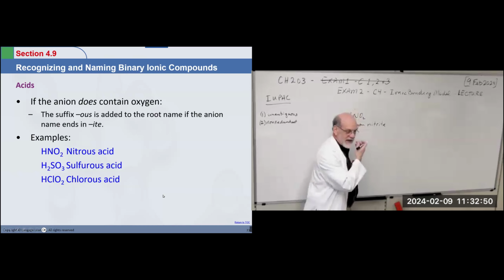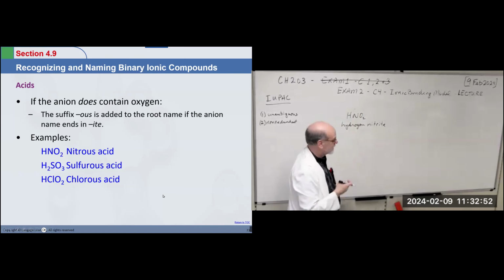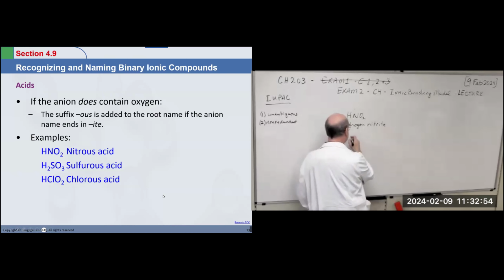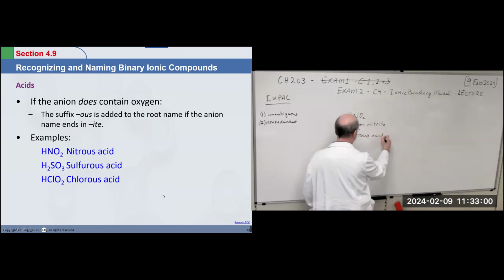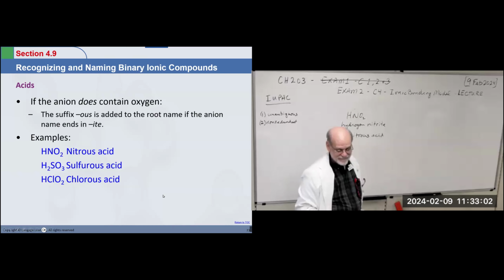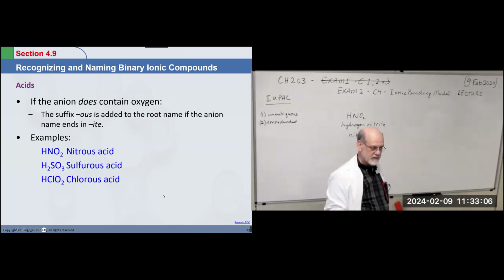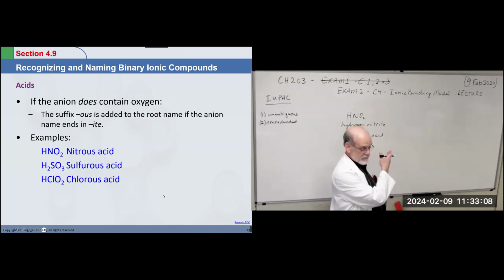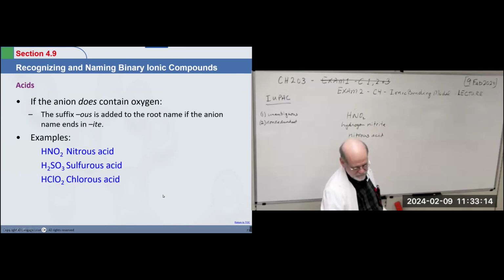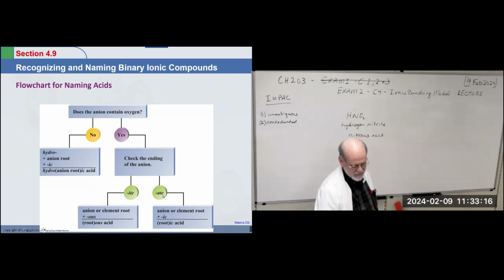Right? NO3 is nitrate, NO2 is nitrite. Ites become ous, so we say nitrous acid. Right? SO3 is sulfite, sulfurous acid. ClO2, I gave you earlier, was chlorite, so it's chlorous acid. And there's a decision chart if you want to use it.